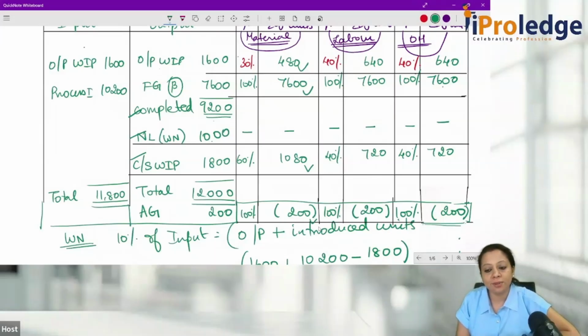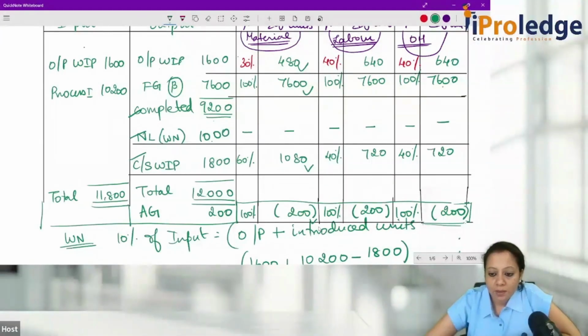So there are two methods of doing it. Whatever I did in your class, I'm just doing the same thing. 8,960, is it? Okay. So I'll just try to erase this part.